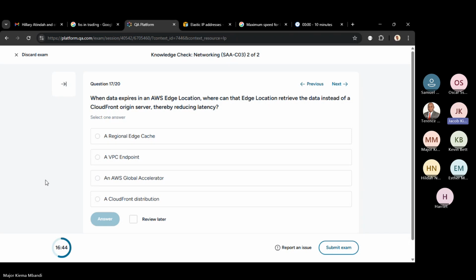When data expires in an edge location, where can the edge location retrieve the data instead of the origin server, thereby reducing latency? A regional edge cache, a VPC endpoint, AWS Global Accelerator, and a CloudFront distribution.